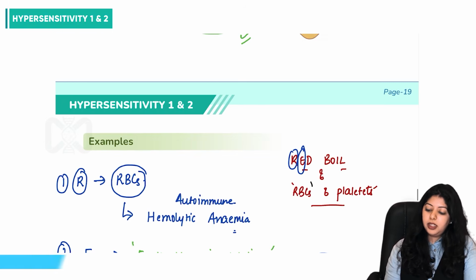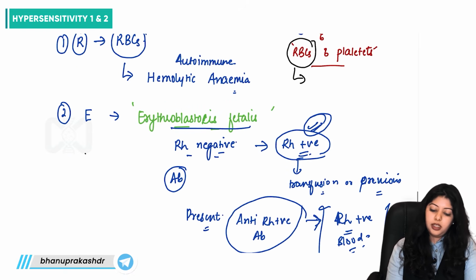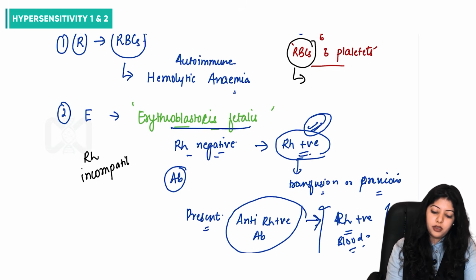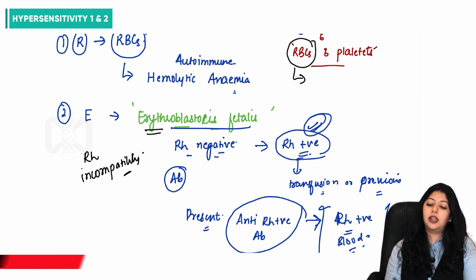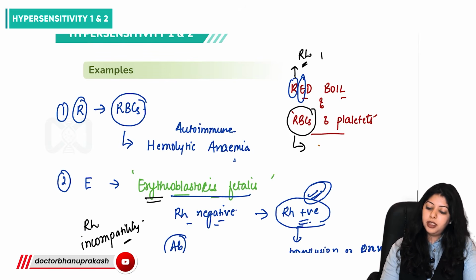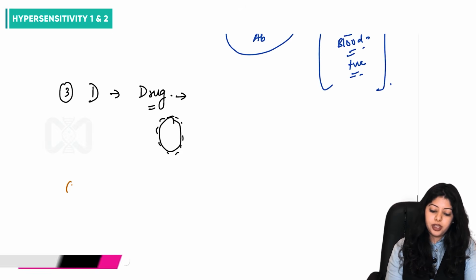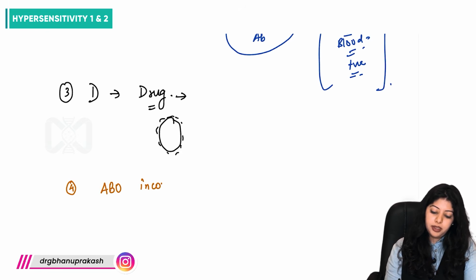So with RBC, now because we have seen the Rh incompatibility, which was seen in erythroblastosis fetalis, can we now say that there is also going to be ABO incompatibility? So this is the fourth reaction which can happen, ABO incompatibility.